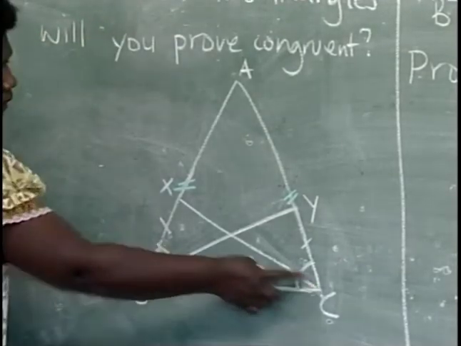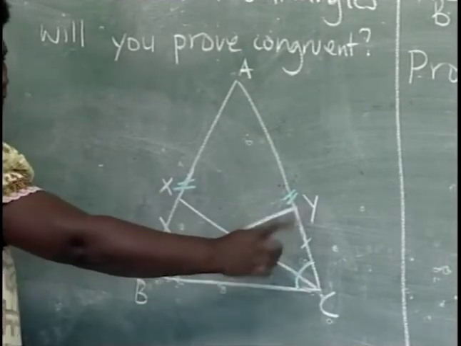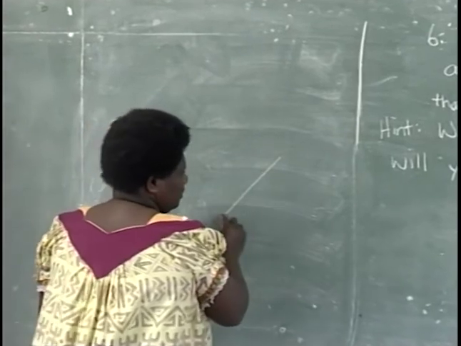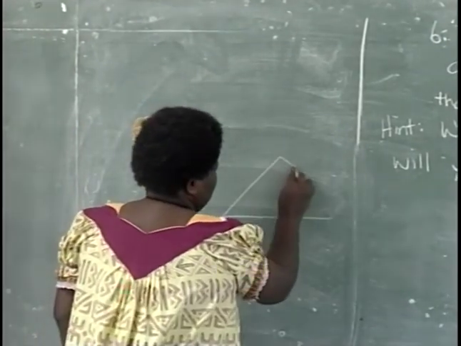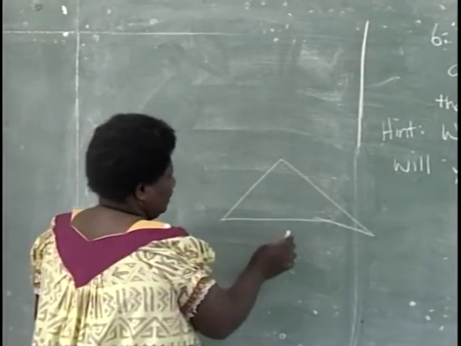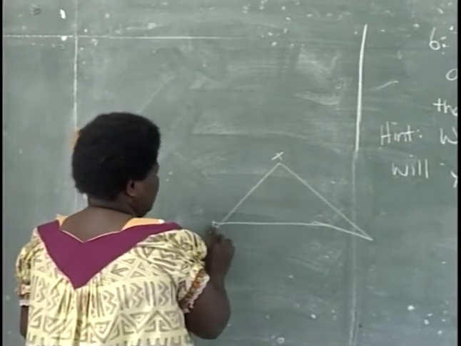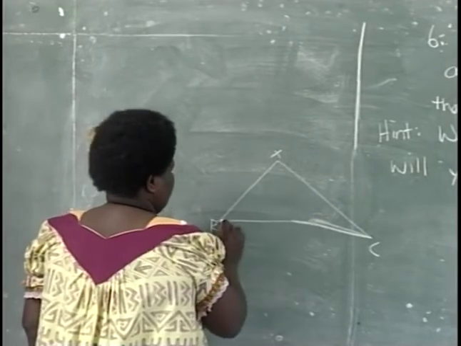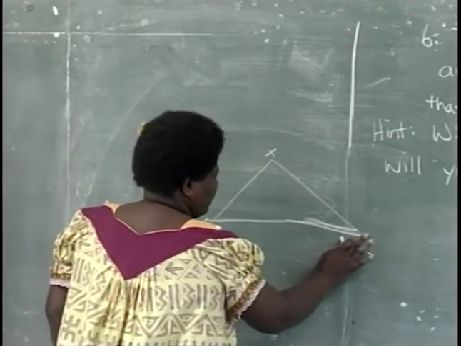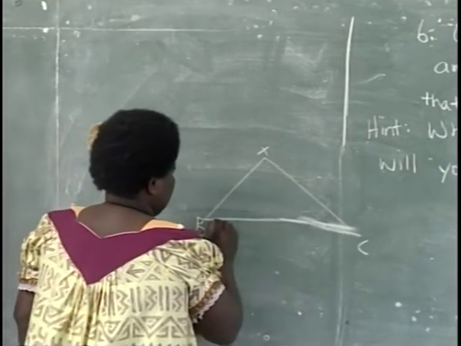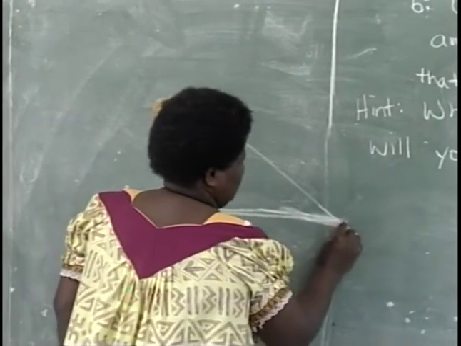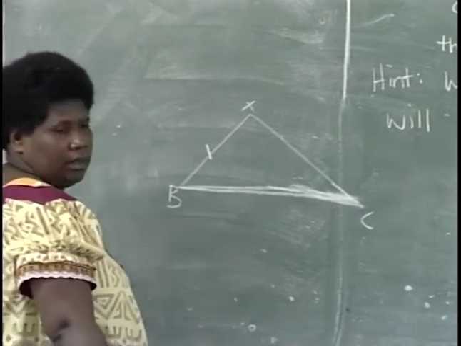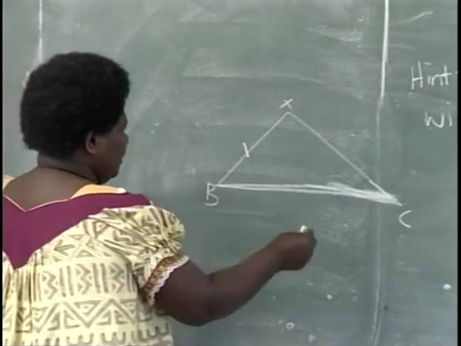Okay, if I draw those two triangles, this is X, B, and C. We are already told that BX is equal to CY.